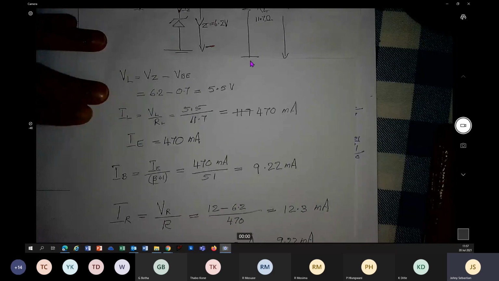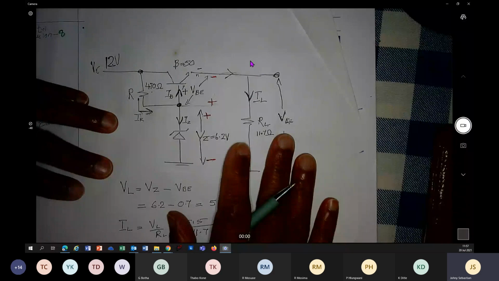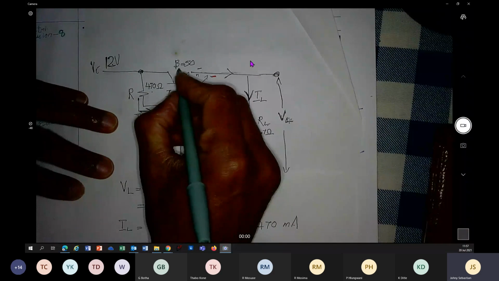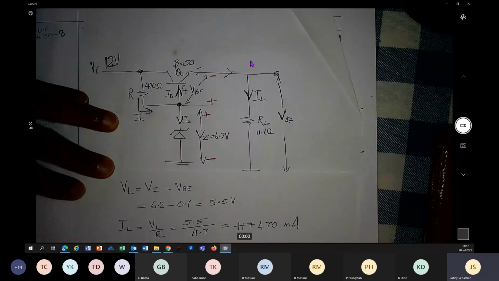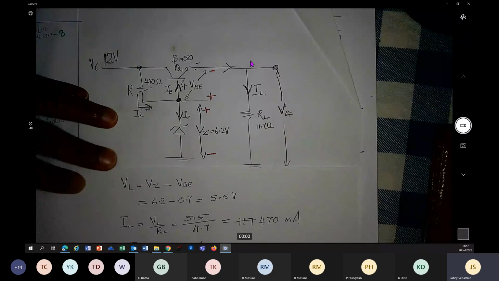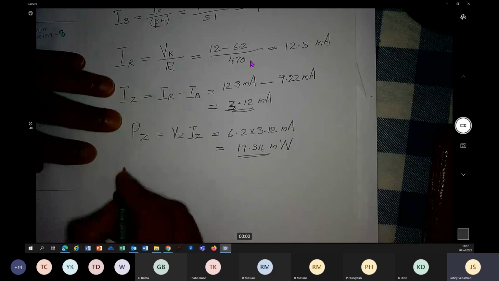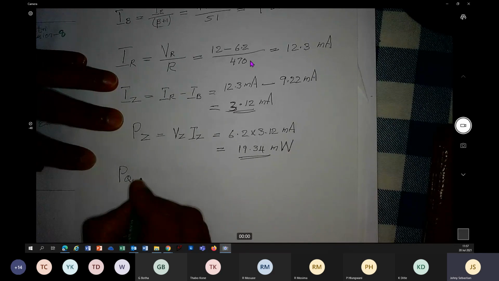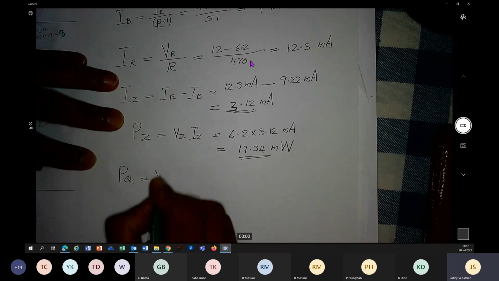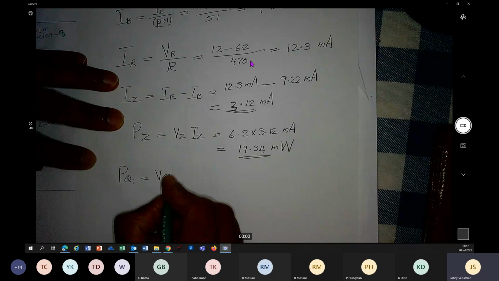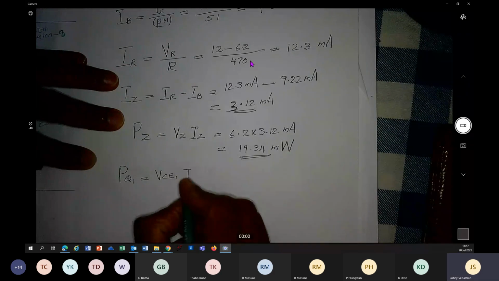There is one more thing that you could find from here. What about the power consumed in Q1? Power consumed in Q1 is basically VCE of Q1 times IC of Q1.